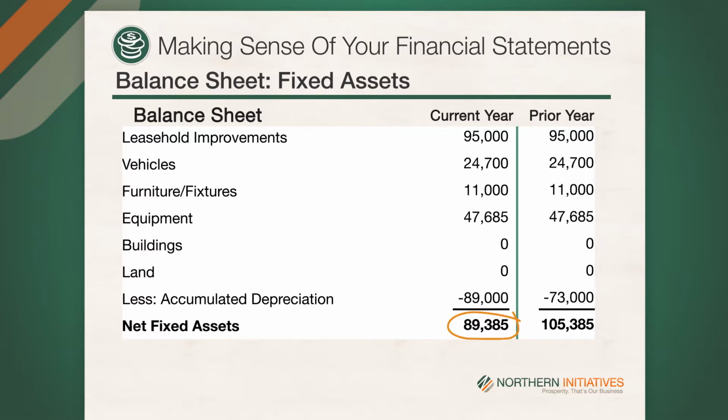This is due to accumulated depreciation of $89,000, and no new fixed assets were purchased. Fixed assets depreciate or lose value over their useful life, and the reduced value is reflected in the line item less accumulated depreciation. The IRS provides published guidelines for calculating depreciation.